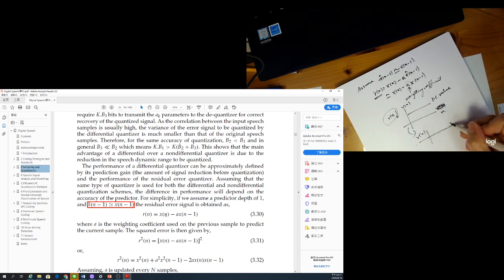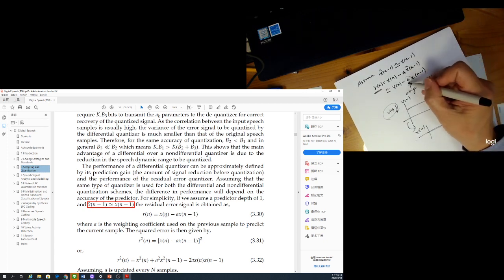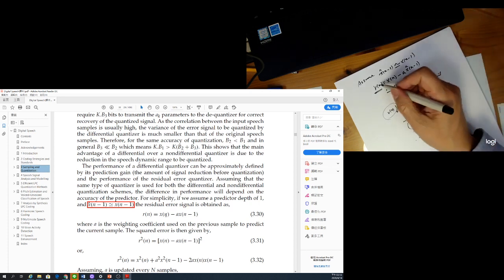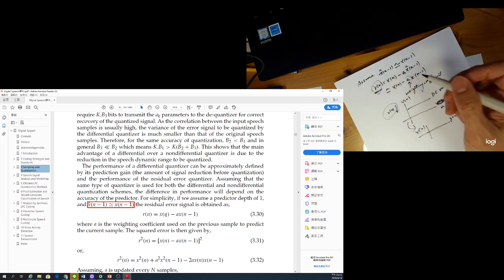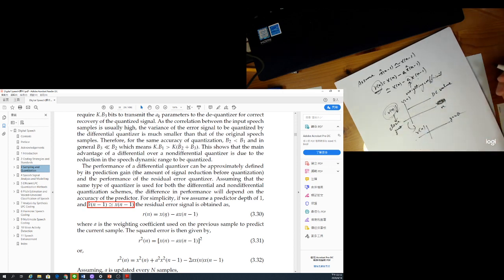All the signal becomes 0. So we hope that if you select a good prediction coefficient, the weighting coefficient, and do a good prediction, the dynamic range of R of n becomes smaller, close to 0. We try to make sure they are close to 0.